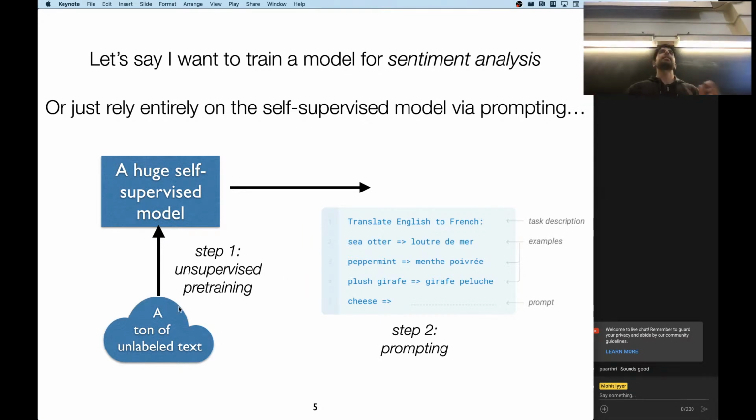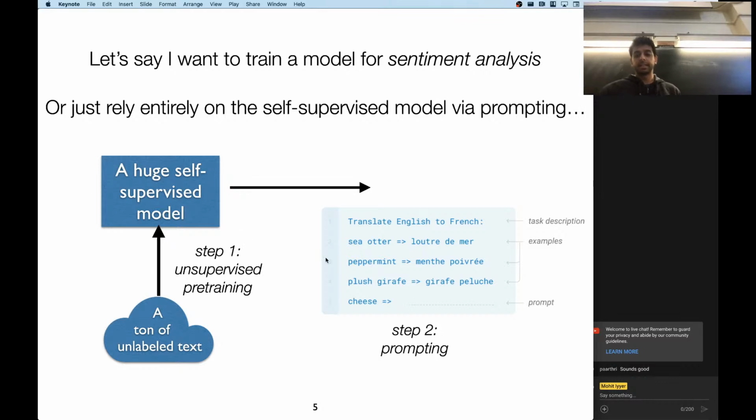So in this setting, you take your giant language model, and instead of updating its parameters any further to specialize it for some sentiment task, you just tell it in natural language, say in English, what task you want to solve and how you want to solve it. You might give it some examples of that task, again in plain natural language, and the model should behave accordingly.